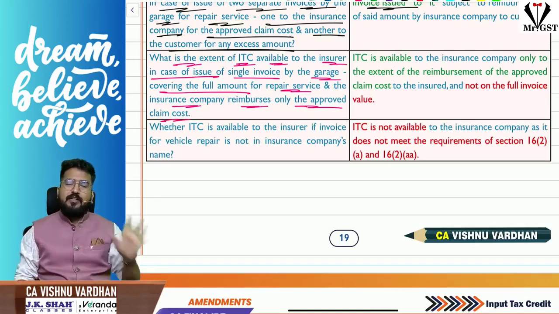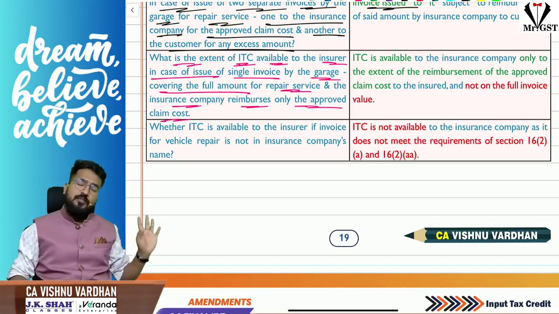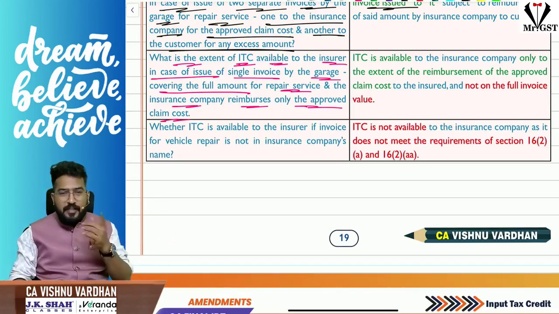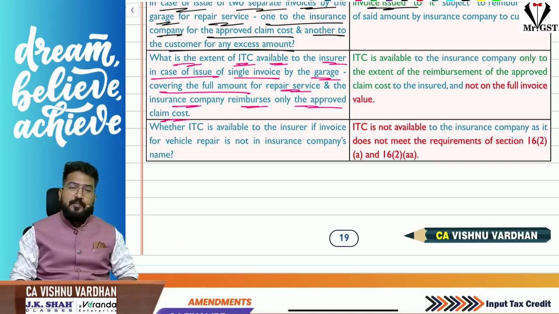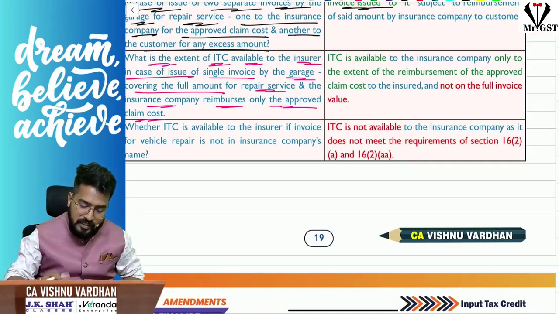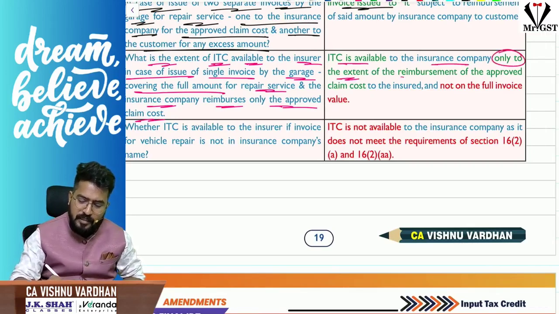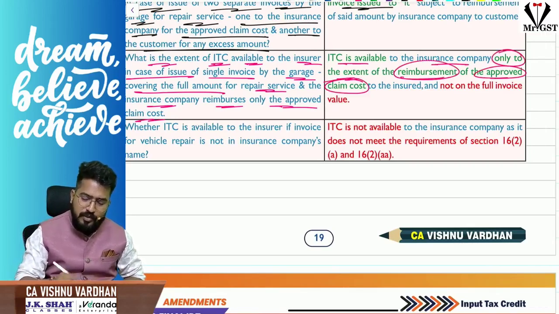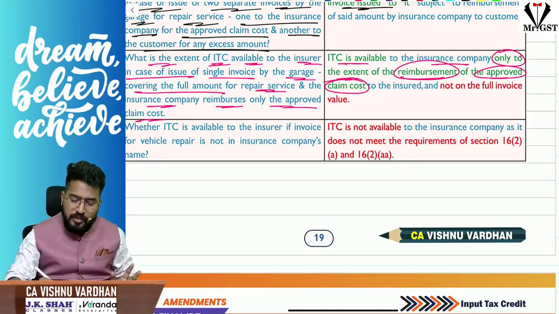Full 1 lakh, the garage is giving the invoice to the insurance company in the name of the insurance company. Can the insurance company take 1 lakh ITC fully? No, only 80,000 again. So ITC is available to the insurance company only to the extent the reimbursement is approved to the insured, not on the full amount, not on the full invoice value.